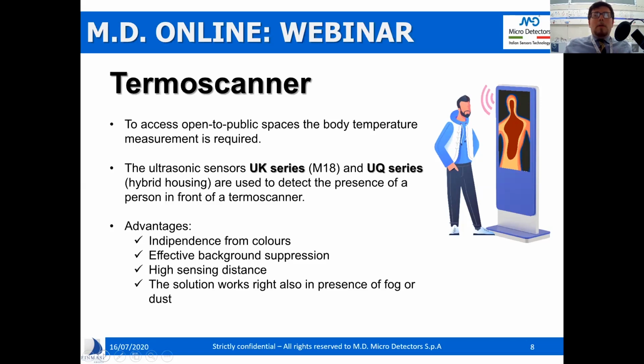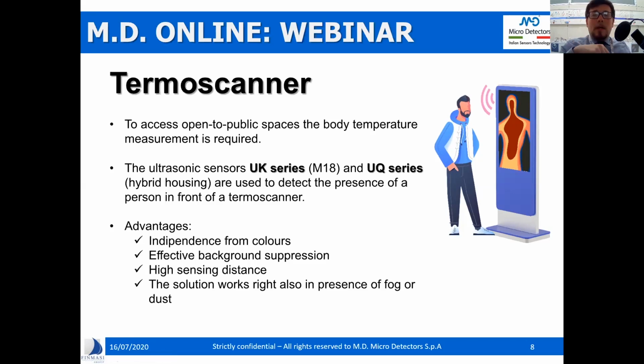Another important point is the immunity of this sensor to the sunlight, to the external light, which can become an interference, for instance, for a traditional photoelectric sensor. Then here you can read the effective background suppression. What does it mean?